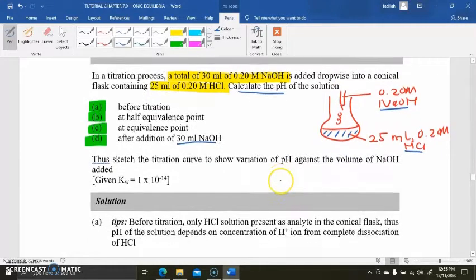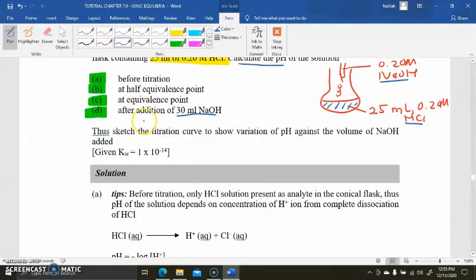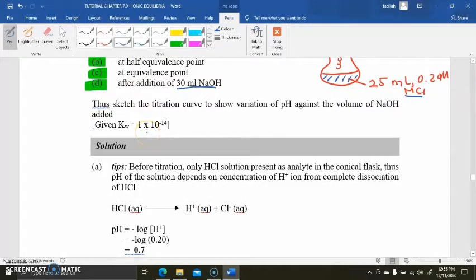Untuk A, kita nak calculate the pH of the solution. Dia bagi tips kat sini which is teacher suka sangat in order untuk you understand. Dia kata before titration, only HCl present as analyte in the conical flask. So the pH of the solution depends on the concentration of H plus ion.